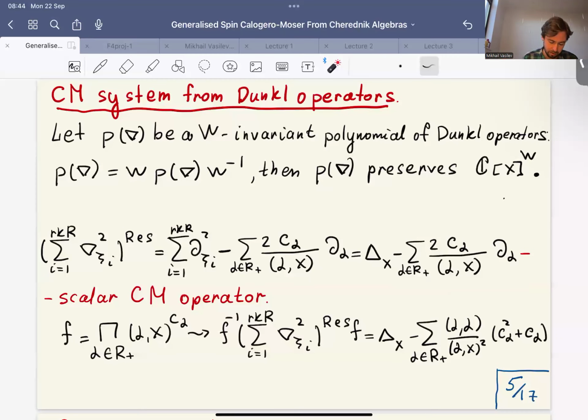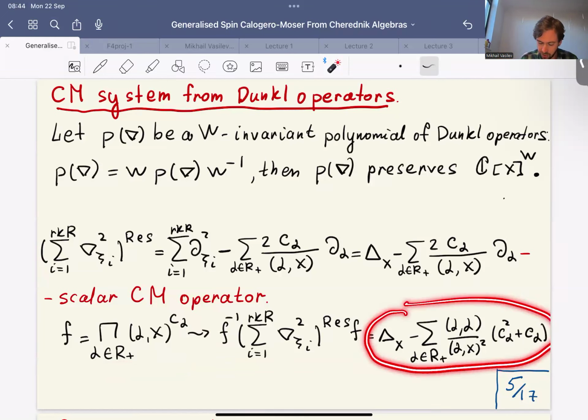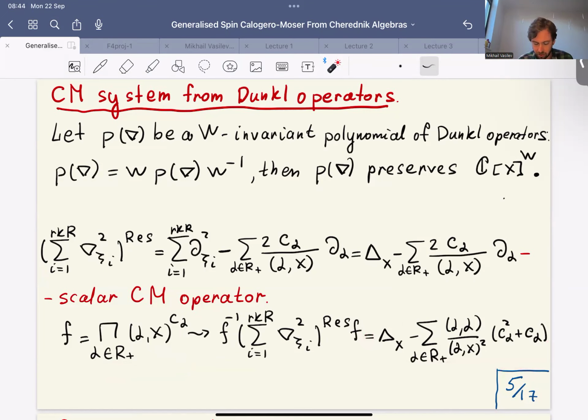Then we can conjugate by a function which looks like the Vandermonde function, and we will obtain the operator which was on the first slide.